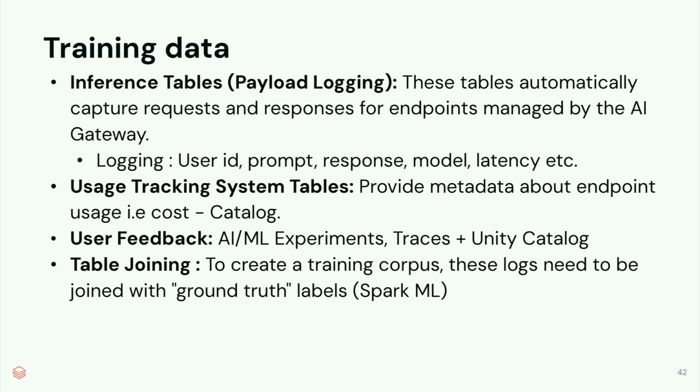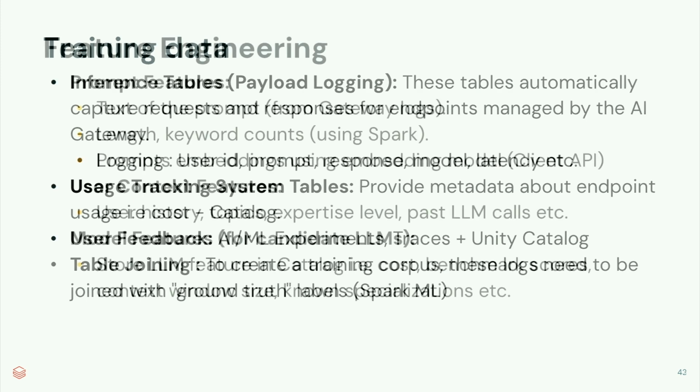And then you can use Spark ML to join all the things, because here you have all the features: the input, output, model, latency, and other static features like the input and output cost for that model, and explicit and implicit feedback. So this whole dataset can be converted into a training format, normalized, and scaled to make sure that you can retrain your router again based on that.